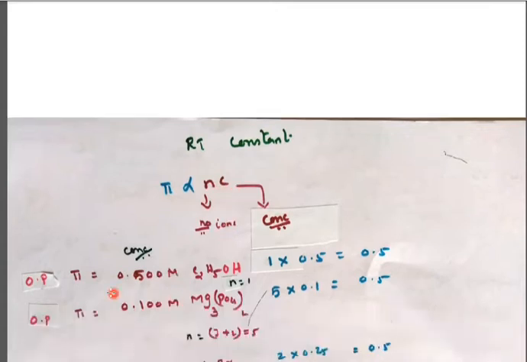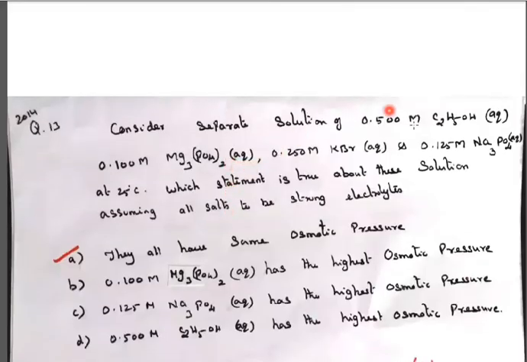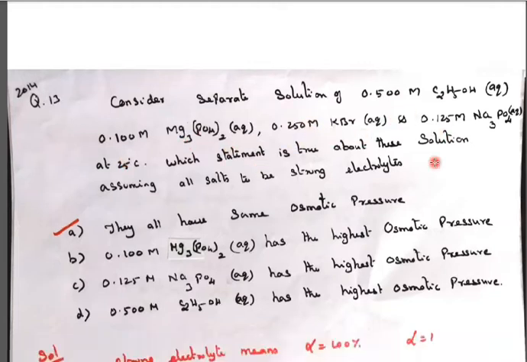So here we can find the osmotic pressure for all of them. They have given the question for alcohol, magnesium phosphate, potassium bromide and sodium phosphate. We know π is directly proportional to number of ions into concentration. In the question they have given molarity, or concentration. The concentration of ethyl alcohol is 0.5, magnesium phosphate is 0.1, potassium bromide is 0.25 and sodium phosphate is 0.125.